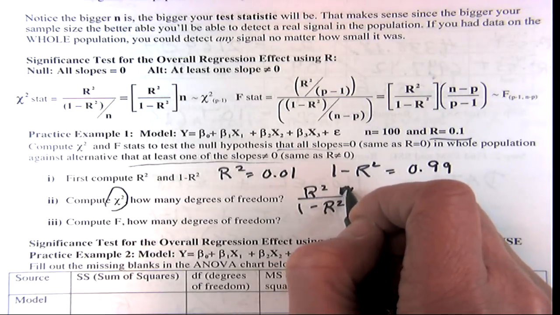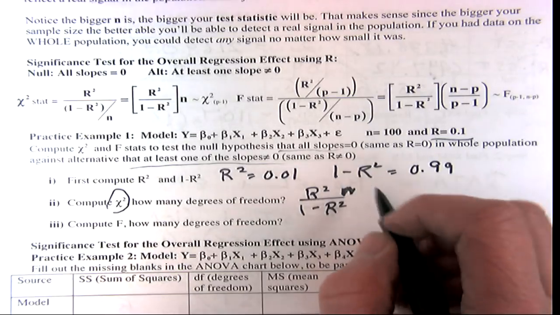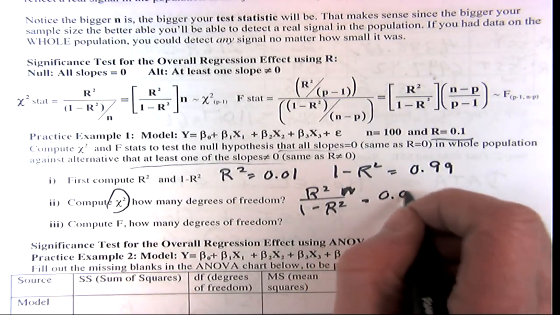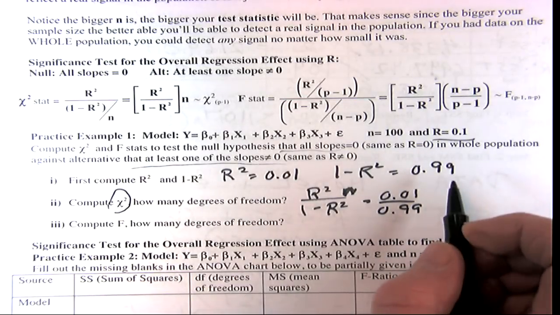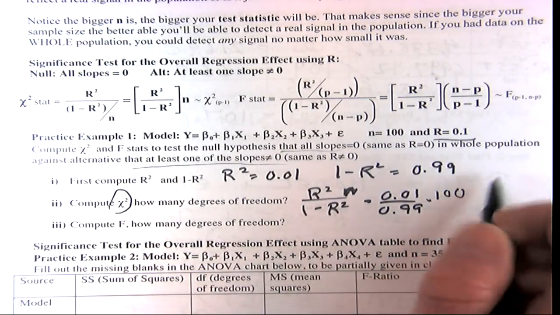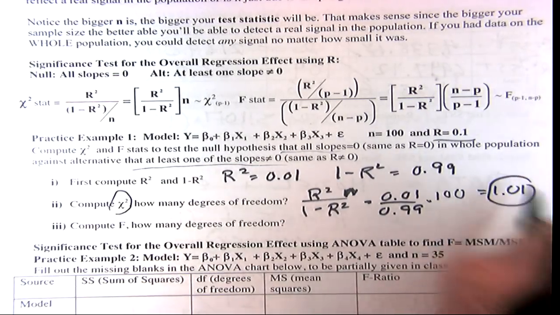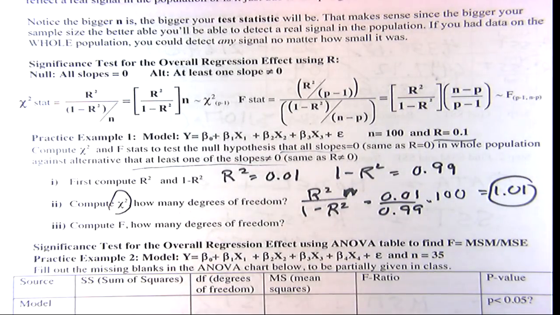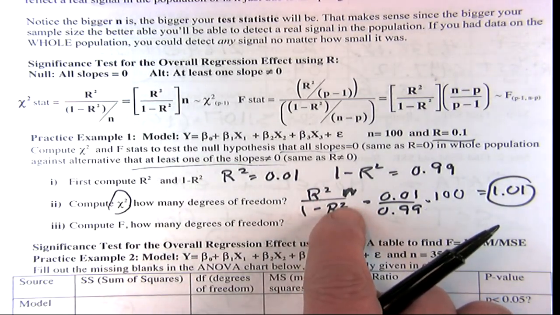That's a super easy statistic, the easiest one to remember. So we get 0.01 over 0.99 times 100. So our chi-square statistic is 1.01. And I think if you remember this one, the other ones will follow pretty easily.